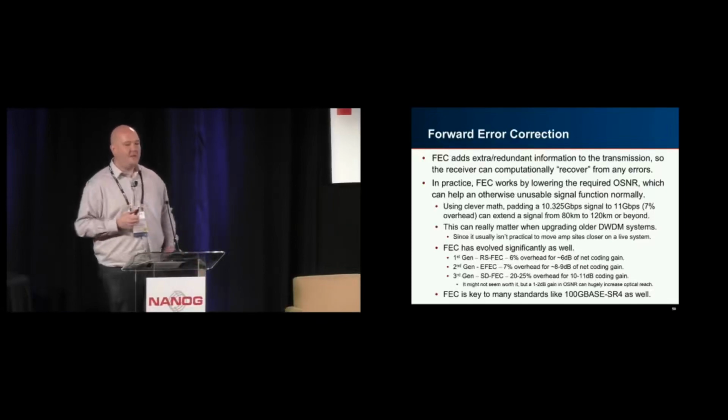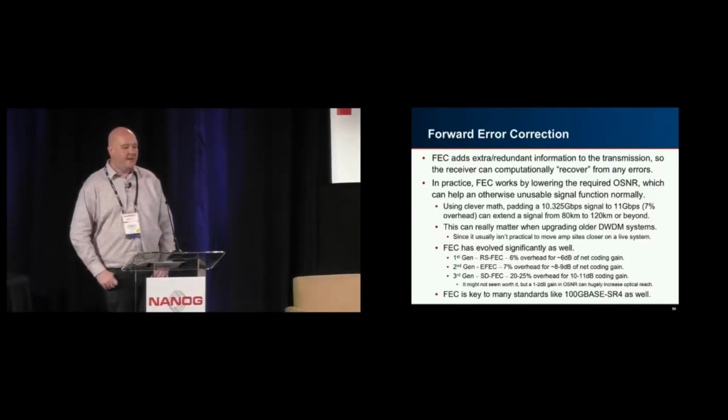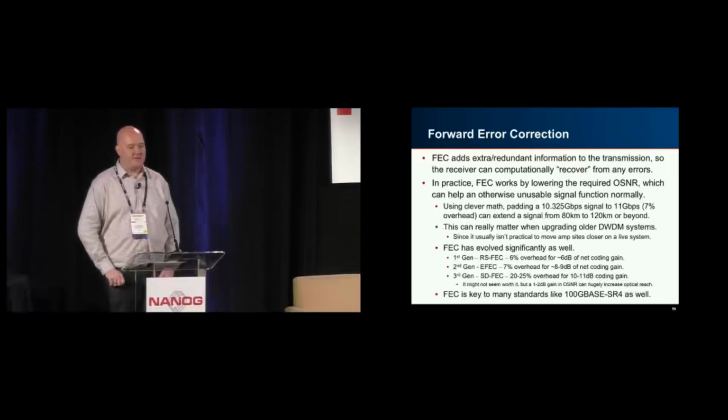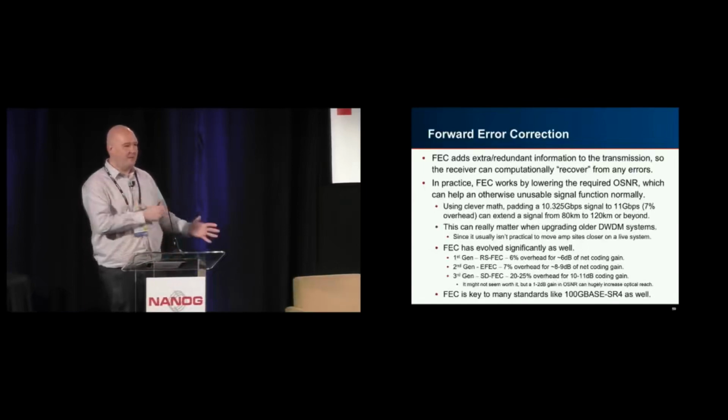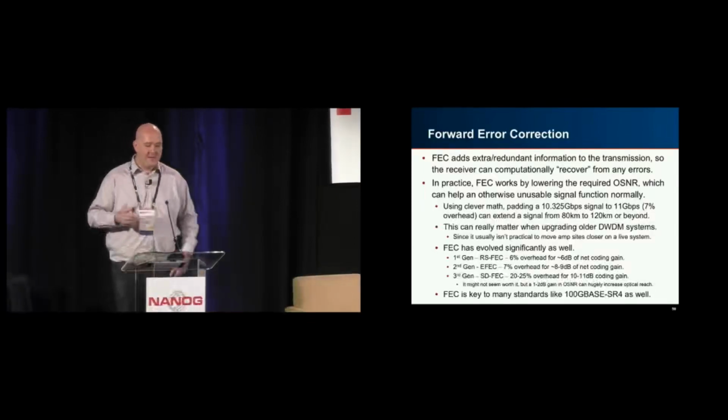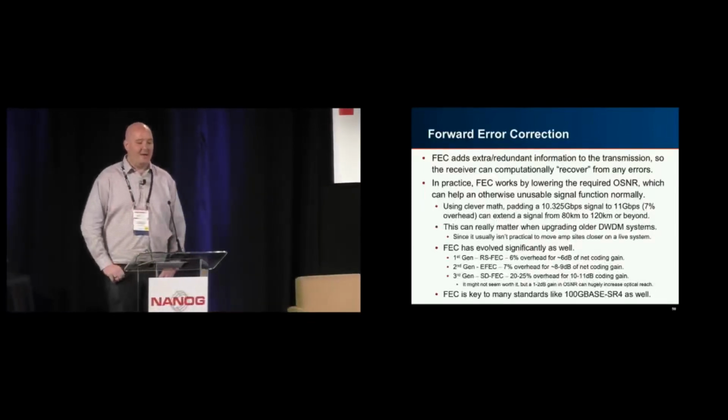So what you've seen here, there are 3 generations of FEC. The first generation is typically something called RS FEC, Reed-Solomon FEC. You tended to see about a 6% overhead, and you got about 6 dB of what's called net coding gain, or 6 dB more signal that you were able to work with versus what the base signal would have been for OSNR requirements. When you went to second gen, you added a little bit more.